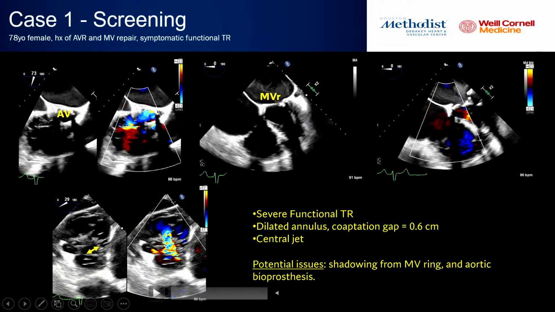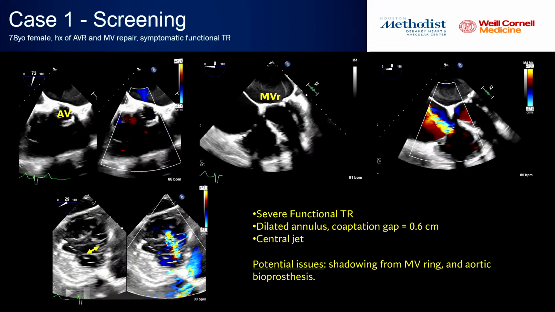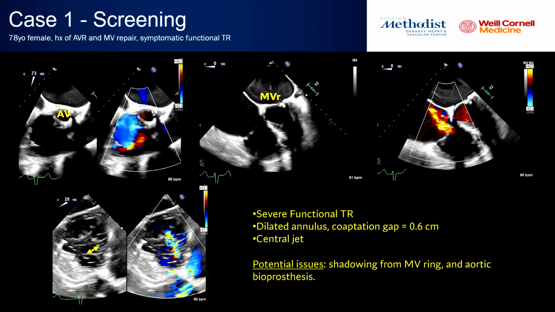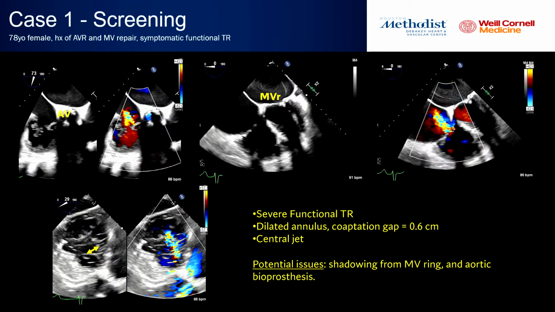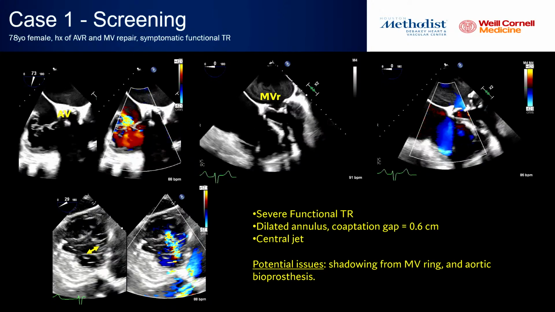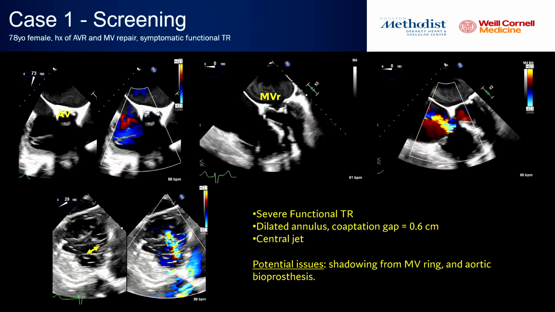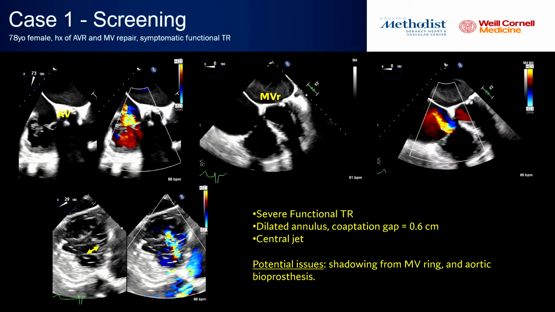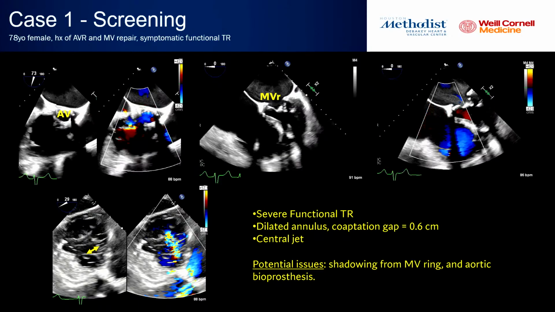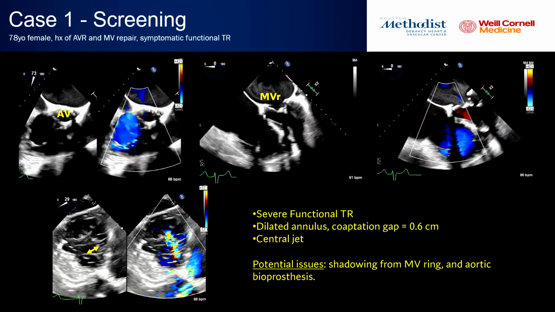So this case 1 was a straightforward case. This is a 78-year-old female with a history of AVR and MV repair who had symptomatic functional MR. Relatively straightforward, no pacemaker leads, but she had some hardware that could impair our visualization.